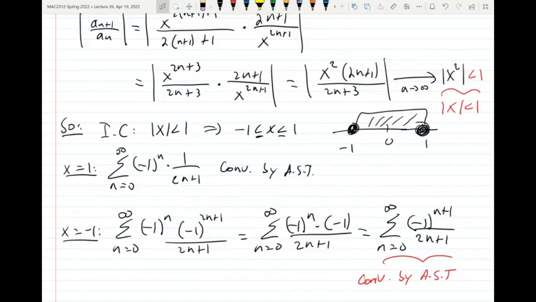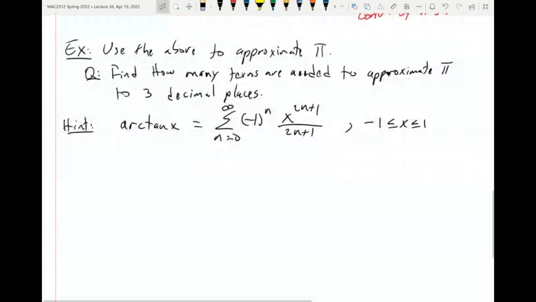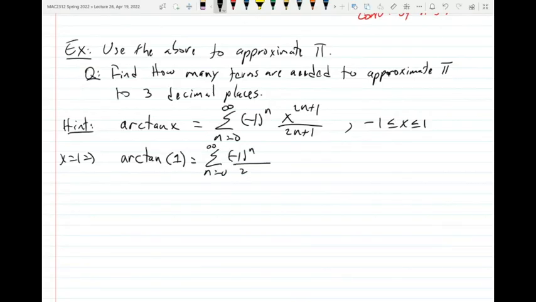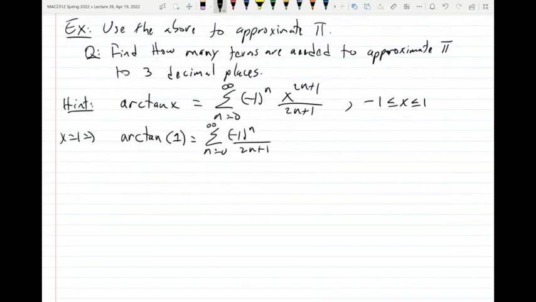So the hint is that arctangent is equal to this. If we put x equal 1, then arctangent of 1 is going to be the sum from 0 to infinity of (-1)^n over 2n+1, right? And what's arctangent of 1? It's pi over 4.